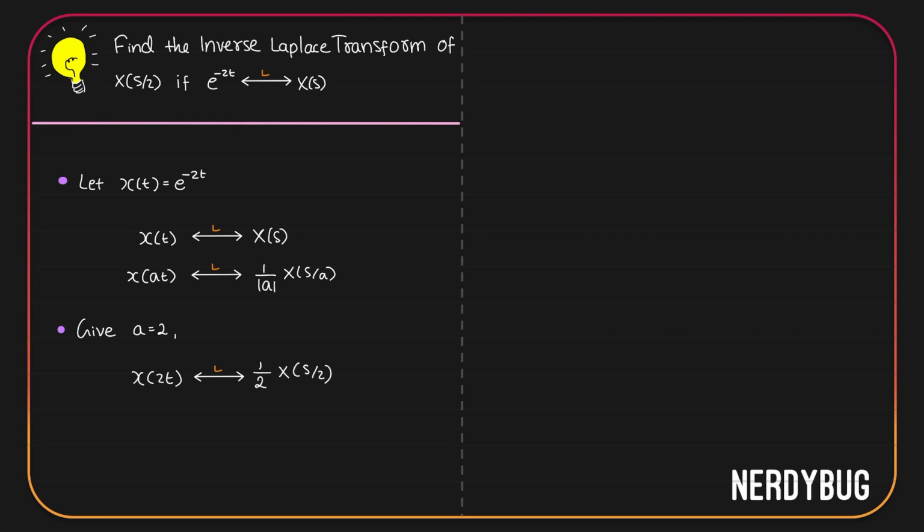Taking 2 to the other side, Laplace transform of 2x of 2t will be x of s by 2, or we can say the inverse Laplace transform of x of s by 2 is 2x of 2t, but x of t is e raised to minus 2t. So 2x of 2t will be 2 times e raised to minus 4t. This is the inverse Laplace transform of x of s by 2.